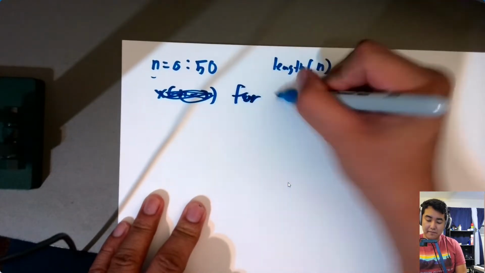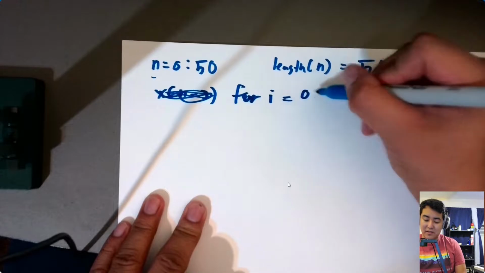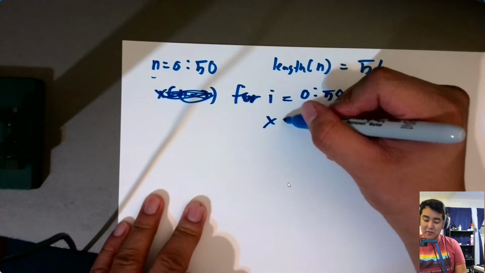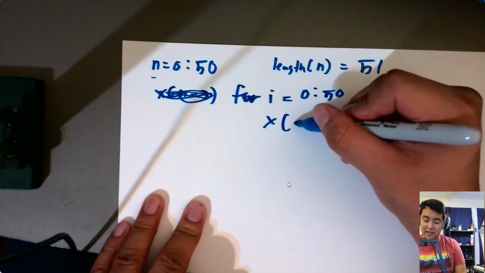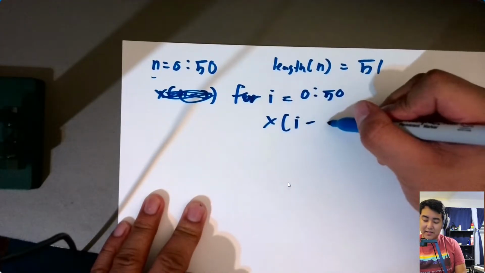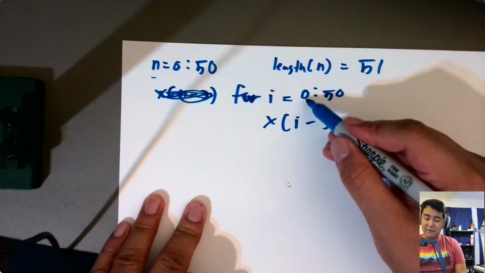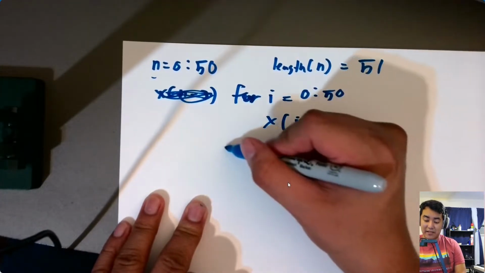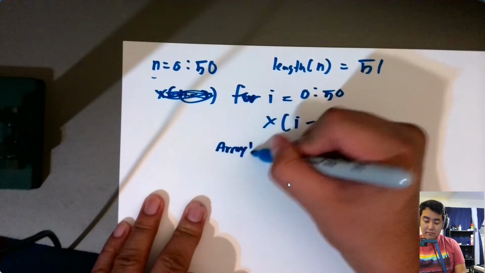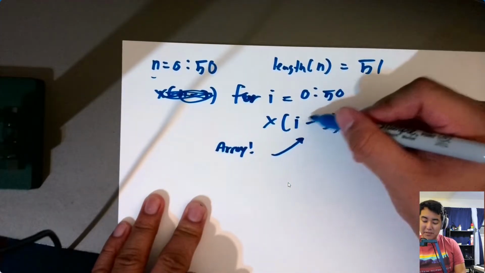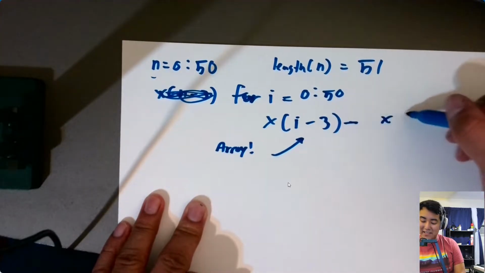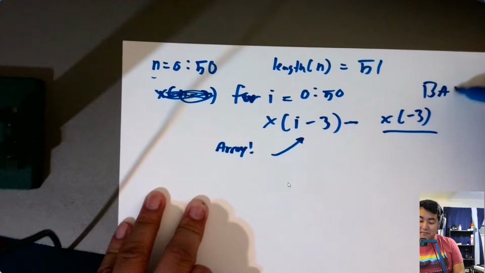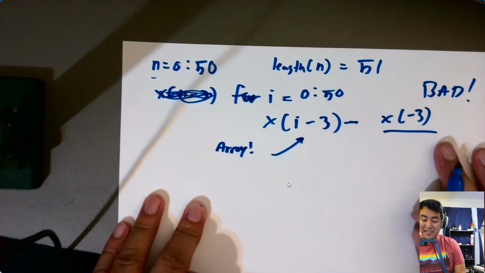For i is equal to 0 to 50, what happens if we do something around here, i minus 3? If we put the 0 here, here's the array. This is an array, by the way. If we punch in the 0 here, then we're going to get x of minus 3, which crashes MATLAB.